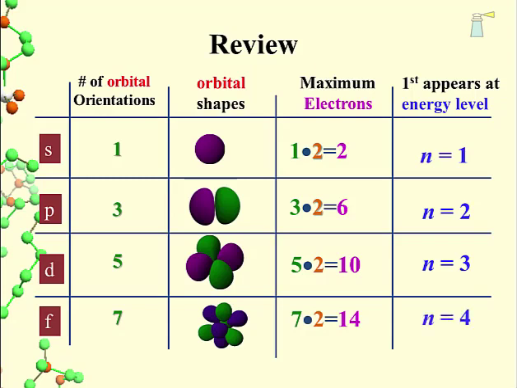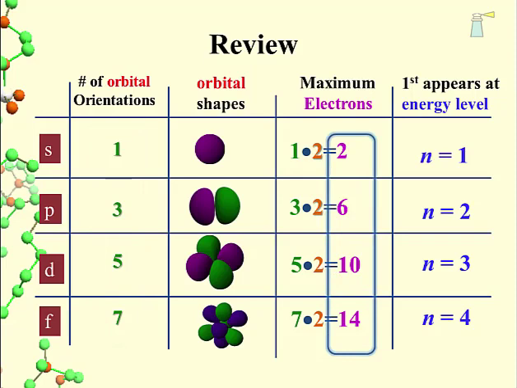As for patterns, we see that as we move from s to f orbitals, the number of orientations found for the different types changes by 2, yielding odd numbers 1, 3, 5, 7.